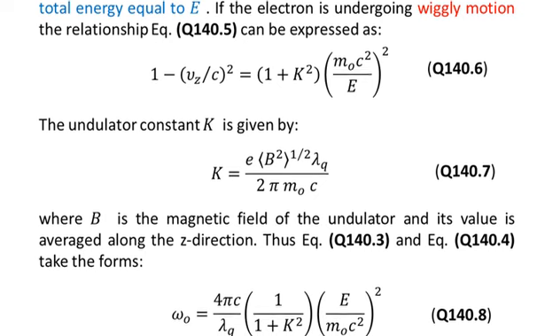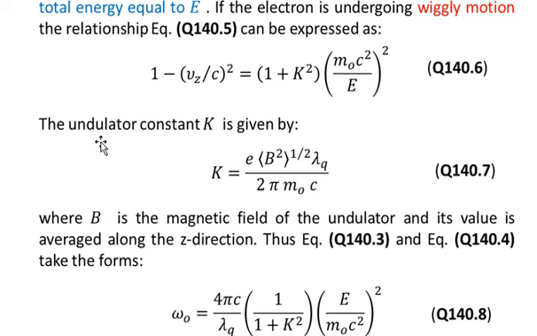Capital K in equation number 6 is the undulator constant, given by K equal to E times the square root of the average value of B square multiplied by lambda q divided by 2 pi m naught C. This is a dimensionless constant, where B is the magnetic field of the undulator and its value is averaged along the z direction.